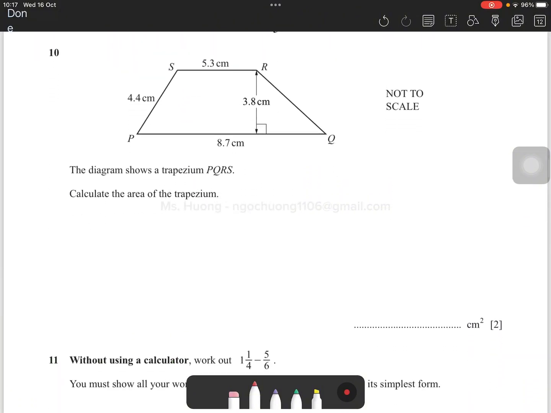Question 10. The diagram shows a trapezium PQRS. Calculate the area of the trapezium. In a trapezium, if you want to calculate the area, we use a formula: A plus B multiplied by height, A plus B multiplied by H divided by 2.